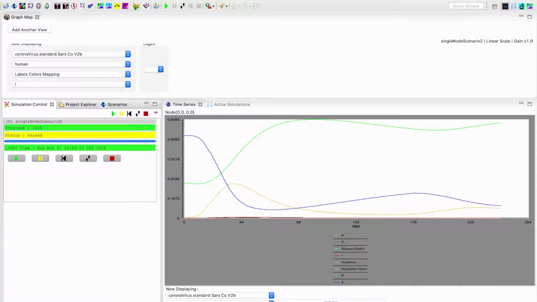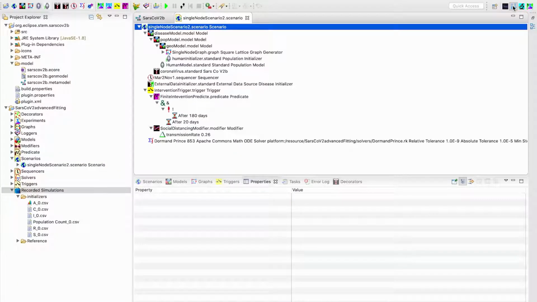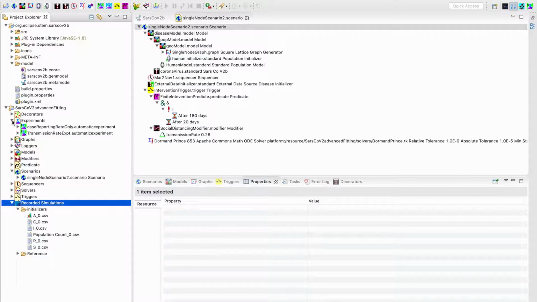Okay, so having been through a single scenario file, we can now look at how we could extend that to multiple runs of a scenario file to try to better determine an epidemiological parameter of our model, so calibrate our model to observed incidence.